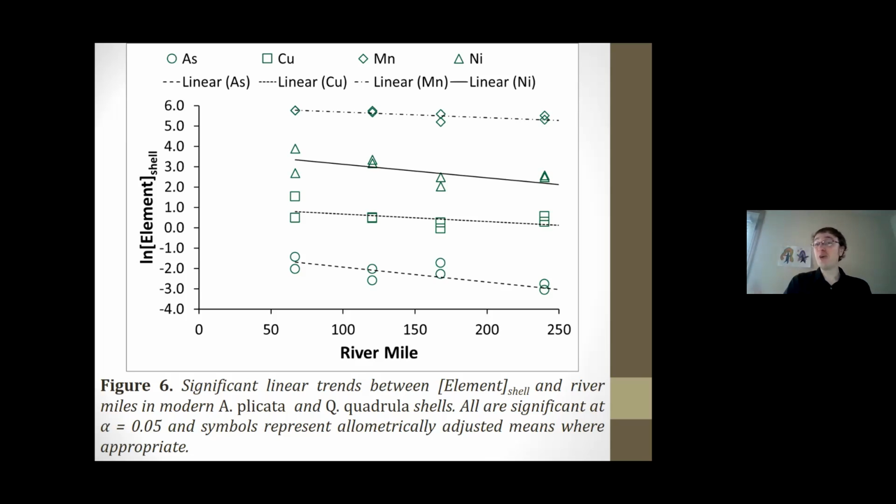But I do know, because I checked this against my papers, we were able to find significant shifts up and down the river for certain elements. So there seems to be higher concentrations at one end of the river than at the other end. Typically, the higher concentrations are at the lower end of the river. So there are some indications that there may be shifts in geology, there may be shifts in human impact as we go up and down the river.